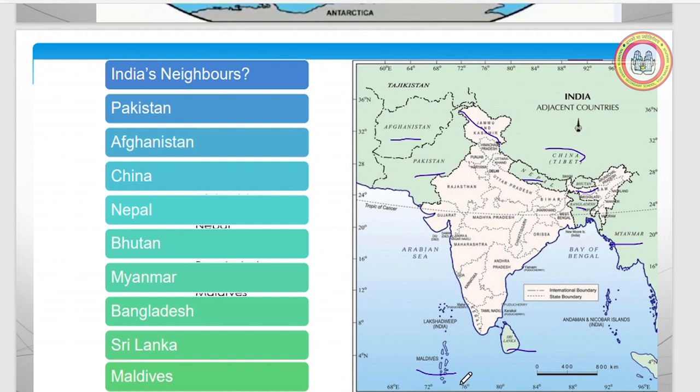India is separated from Sri Lanka by a narrow channel, and the name of this narrow channel is the Palk Strait. The Maldives Islands are situated to the south of the Lakshadweep Islands. India has had strong geographical and historical links with her neighbors.